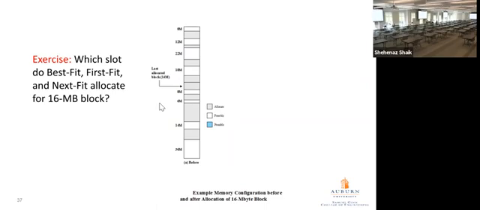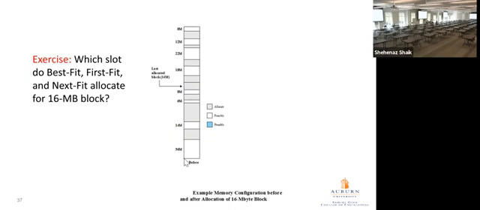Okay. So let's take a look at the best fit approach. As I said, based on the best fit approach, we allocate the hole that results in the smallest fragmentation. So considering the request is for 16 megabytes, the only holes that can satisfy that request are 22 megabytes, 18 megabytes, and 36 megabytes.